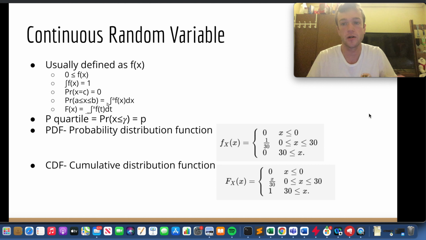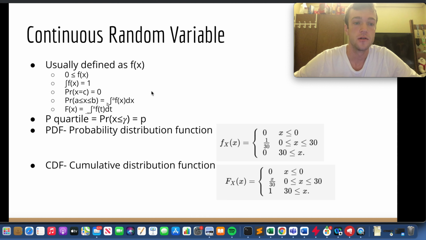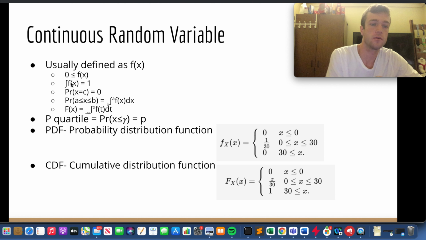Moving on from discrete to continuous, rather than being an individual number, it can be described as a summation. Now we're going to be describing variables more as an integral. The integral of the density is equal to 1.